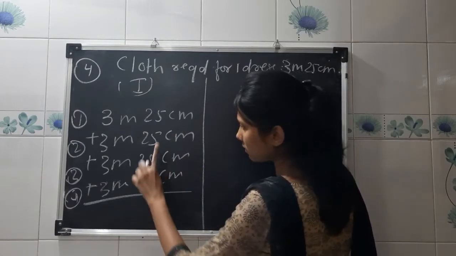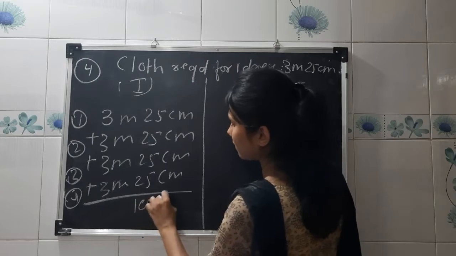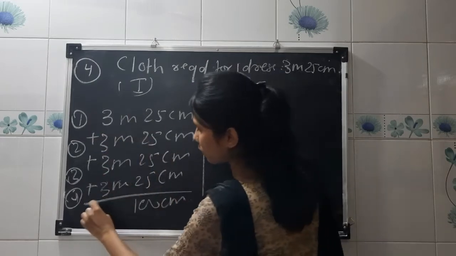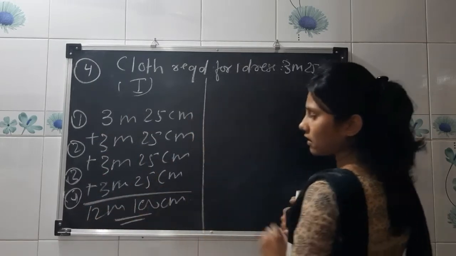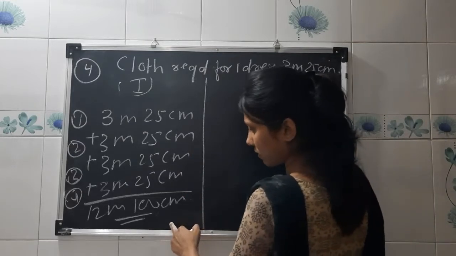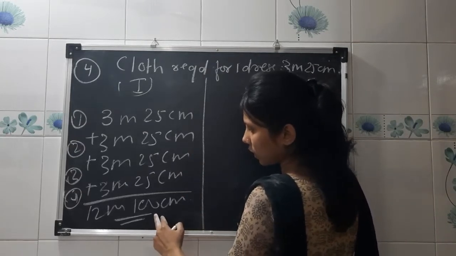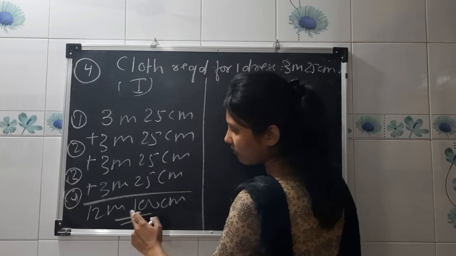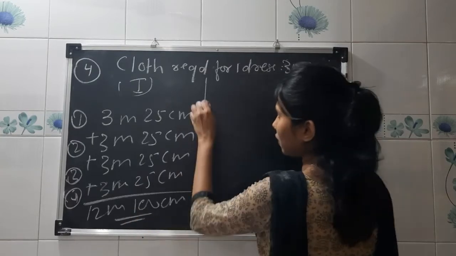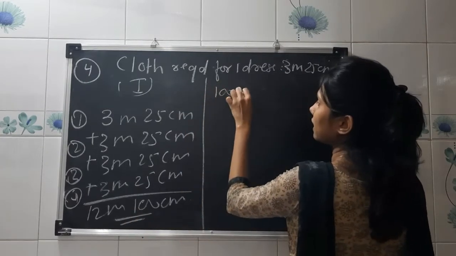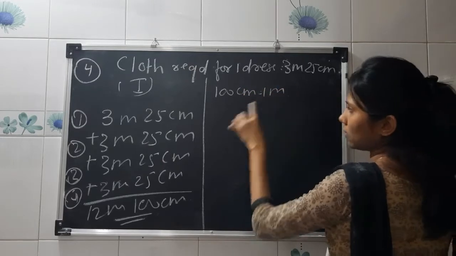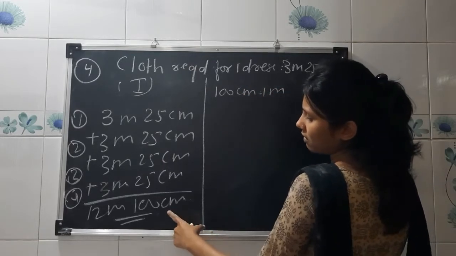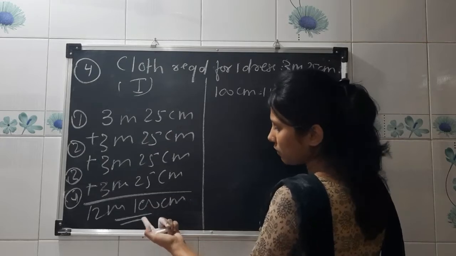do by this method. 25 plus 25 plus 25 plus 25, 100 centimeter, 12 meters. You can either use this method. Now here see, 12 meter, 100 centimeter, but we all know that 100 centimeter is equal to 1 meter. So you can convert this 100 centimeter into 1 meter.